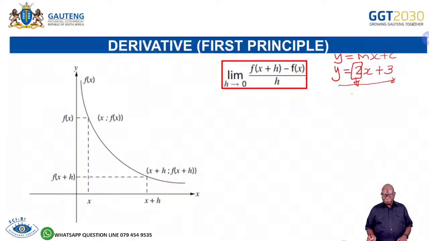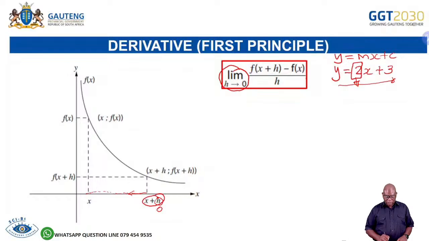We're saying, this thing there means if I take this x here and move it, remember this is x plus h. If I take this h here and move it closer and closer and closer, it will go closer and closer to 0.